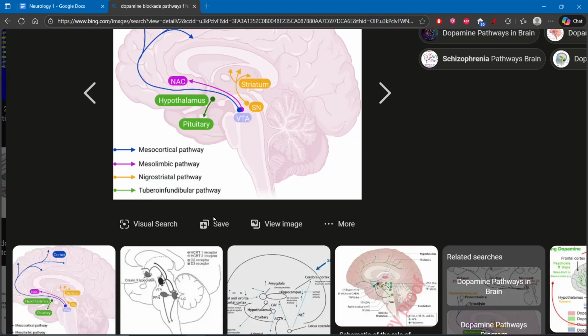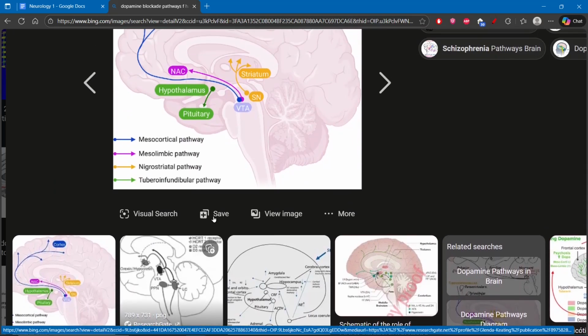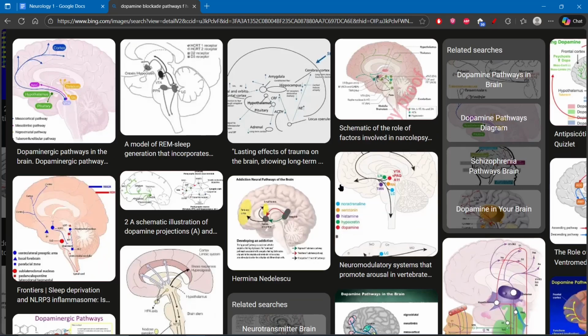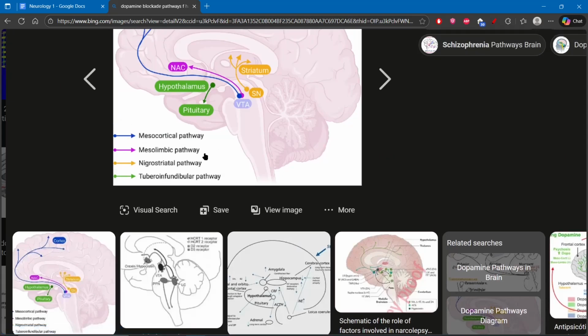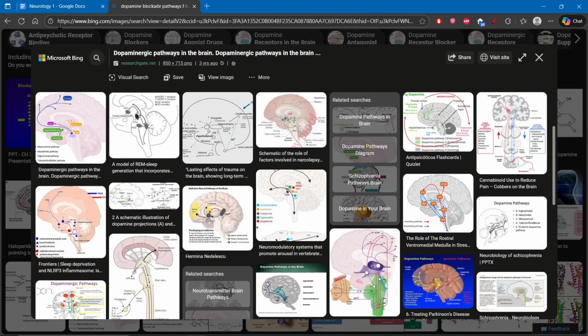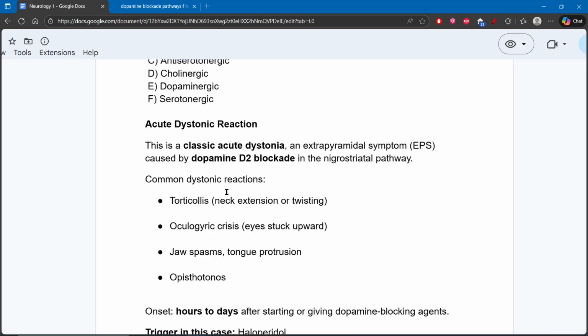And if they're asking which pathway gives the efficacious effect of the medicine, you would go for the mesolimbic pathway. But do confirm that it is the mesolimbic pathway that gives rise to the positive effects of the medicine. I am not sure about that, but I am sure about the nigrostriatal and the tuberoinfundibular pathways. So please confirm that from your own side as well. This is important: the different pathways, so you need to remember them.